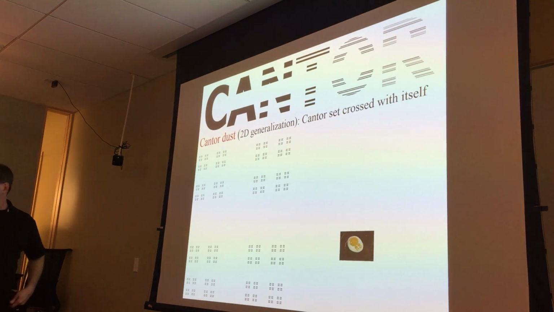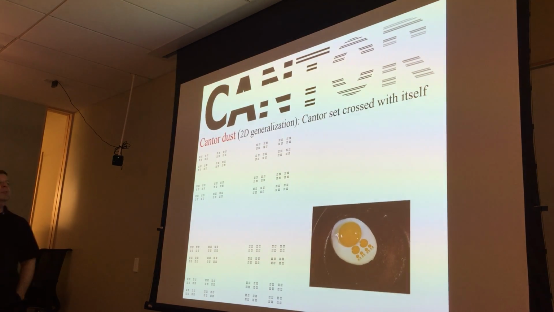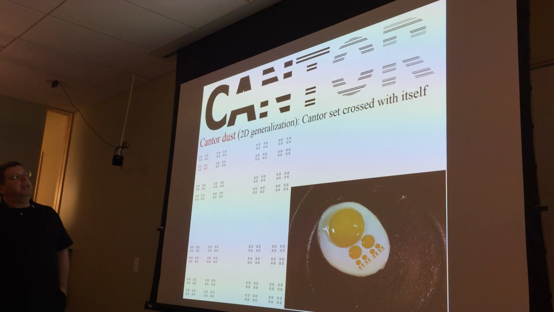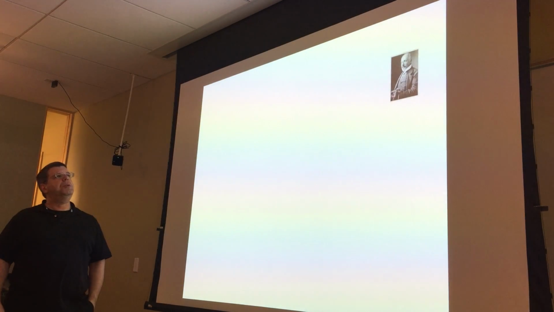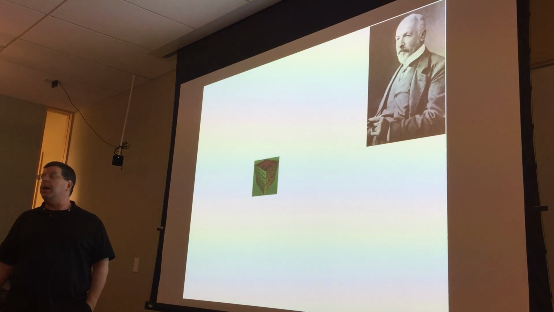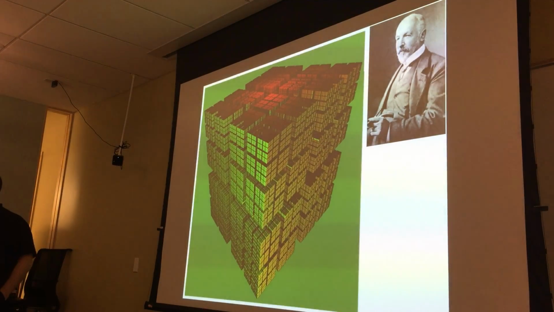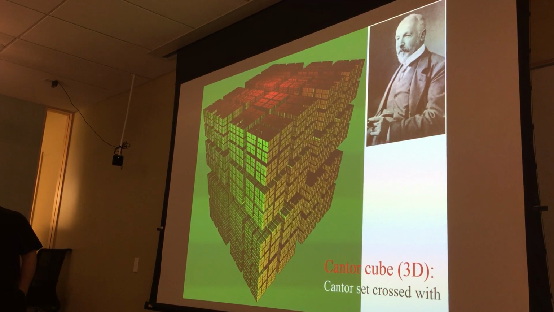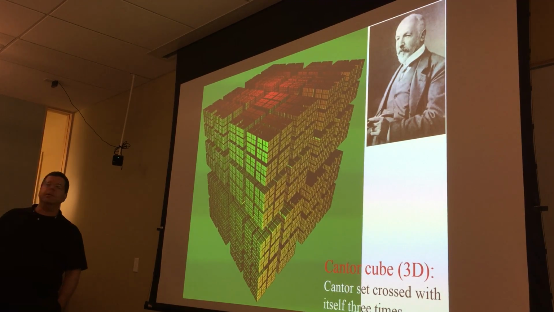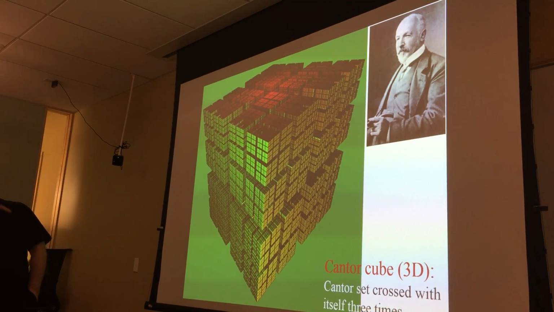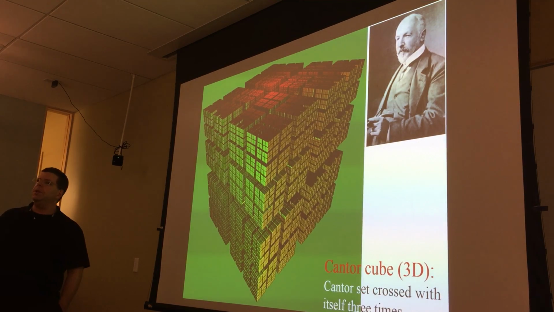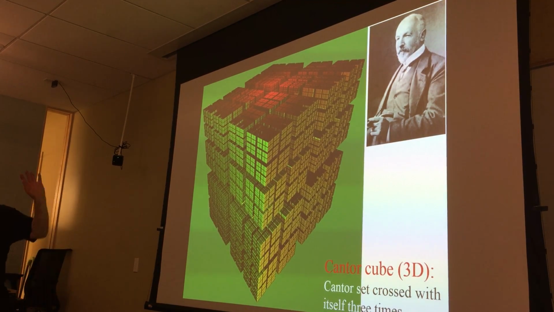So it's in 2D. So in that spirit, here's a Cantor omelet. Pretty strange, and you can cross it with itself 3 times, and when you do, you get a Cantor sponge. 3-dimensional, so it's a Cantor set crossed with itself 3 times. And again, it has fractional dimension, it has all the properties of the one-dimensional version, except it's in 3 dimensions.